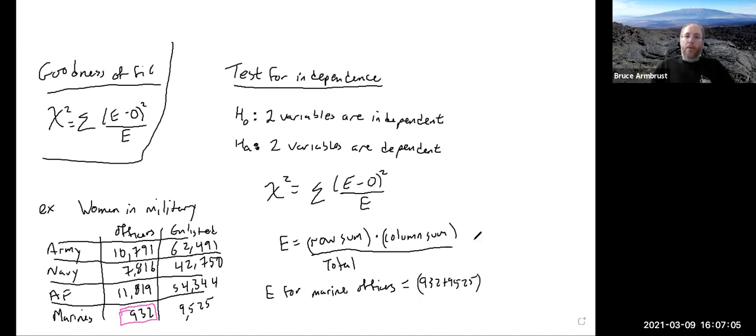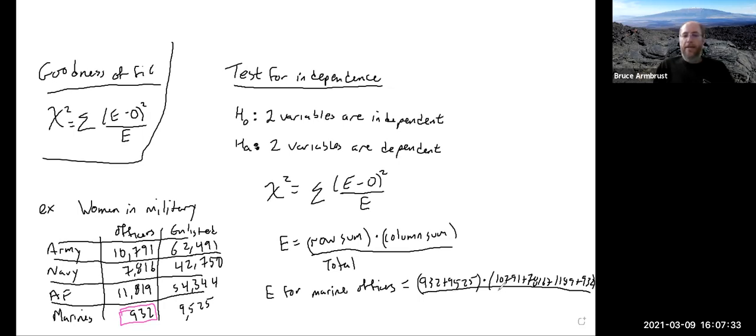Then we're going to have to multiply that by the column sum, so we'd have to add up all the officer numbers. Okay, so that would be times 10,791 plus 7816 plus 1189 plus 932.